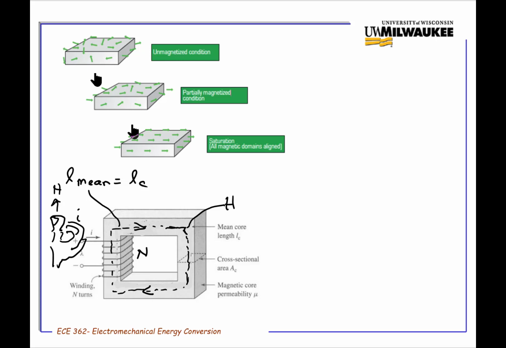Now the magnetic material here, which is a ferromagnetic material that we're working with, has inside of it domains. It's like a crystalline structure, and these domains have magnetic dipole moments inside of them.